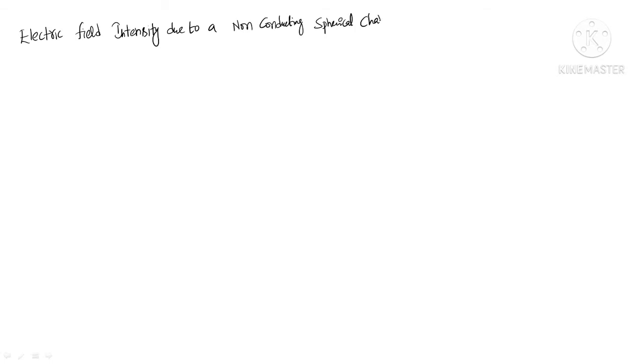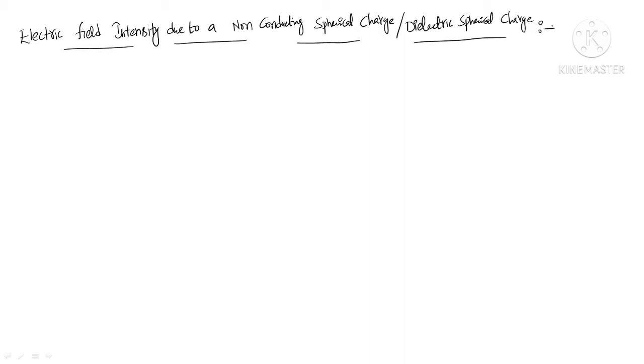A non-conducting spherical charge can also be treated as a dielectric spherical charge, where the charges are not freely movable inside the object.